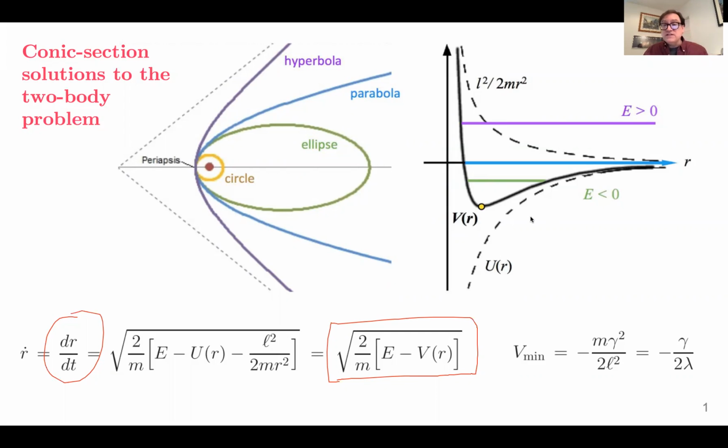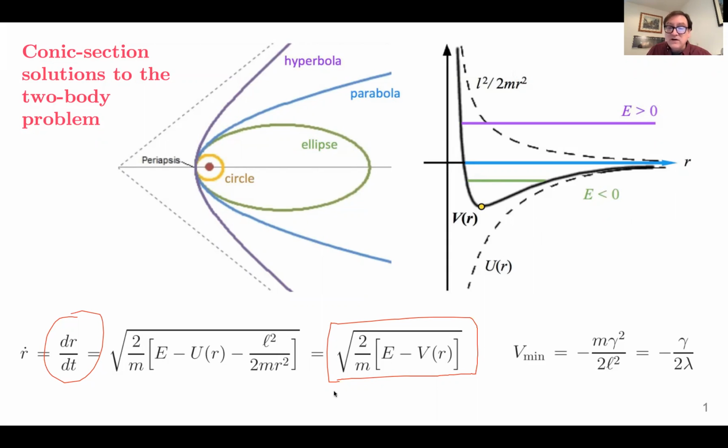So when you look at the sum of the two, at small values of r, the 1 over r squared centrifugal term wins, so the total becomes positive. At large values of r, the gravitational part, the 1 over r part, wins, so it becomes negative. So it always has to cross from positive to negative, and it always has the form where there's a global minimum in V of r, called the minimum of the potential energy function.